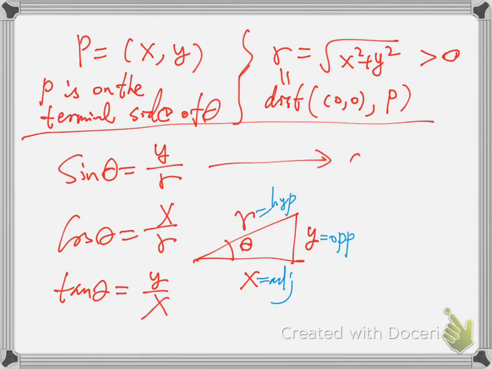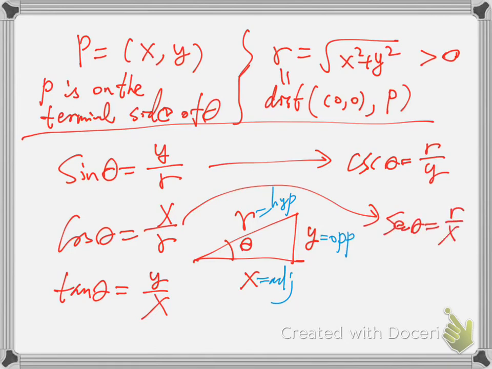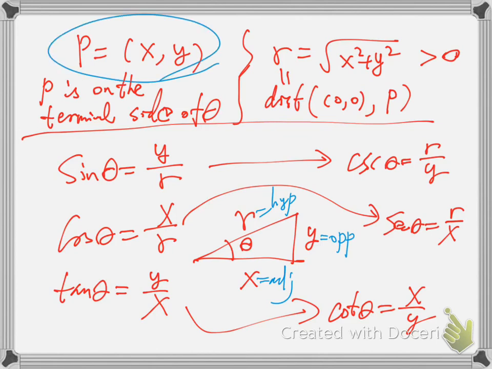You get cosecant is r over y, and this one you flip, you get secant is r over x, and the last one you flip, you get cotangent is x over y. Okay, so these are the trig functions in the plane. So that's it. That's our today's lecture.